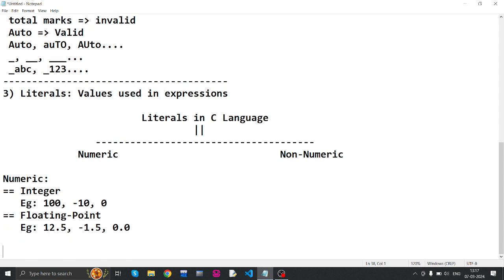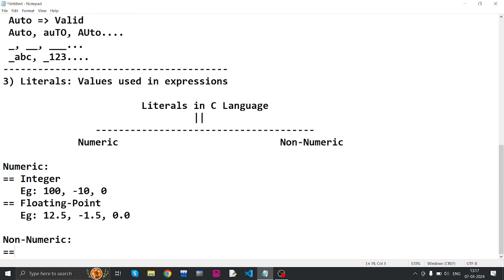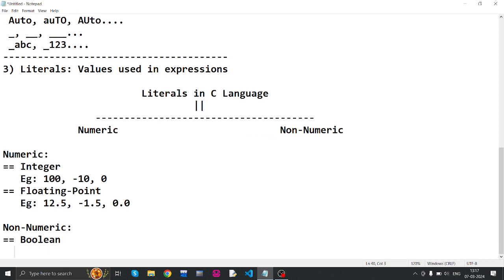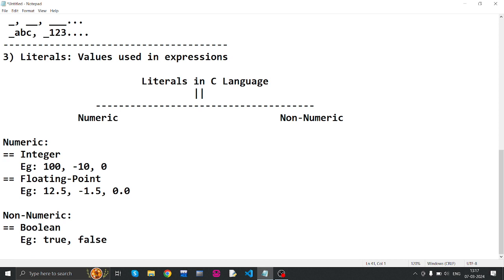Next, when we take non-numeric literals, first here we have Boolean literals. Boolean means true or false. A true value or a false value can be used as a Boolean literal.